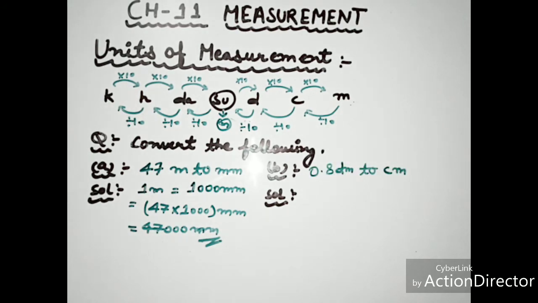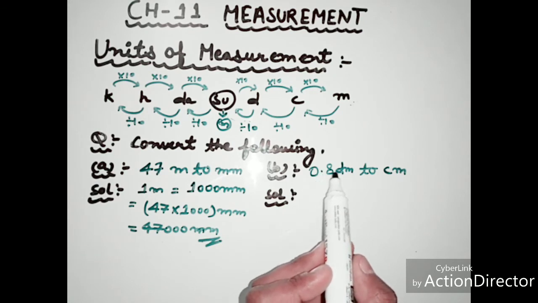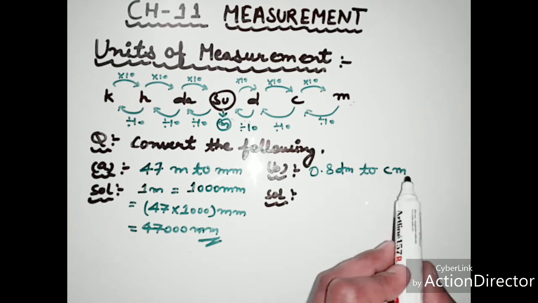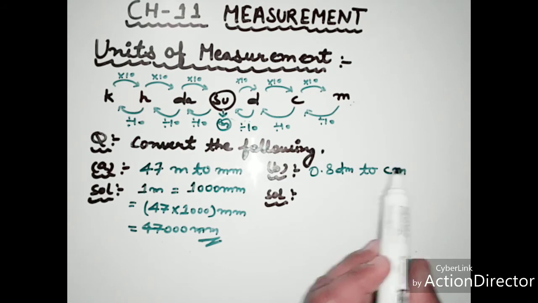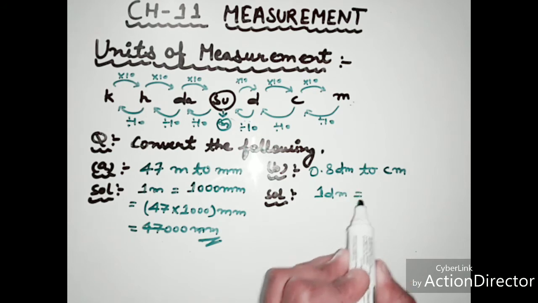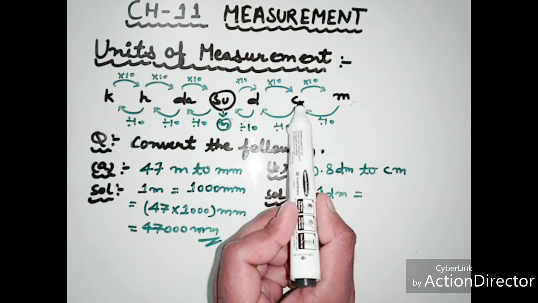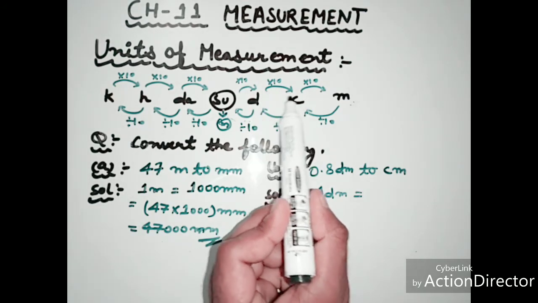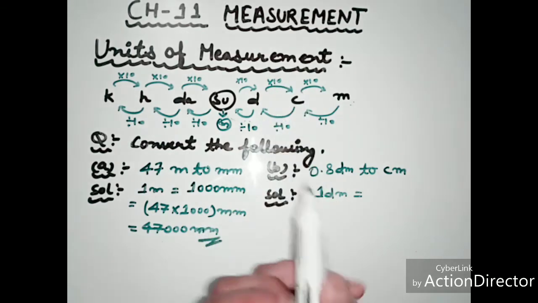Now the next question, 0.8 decimeter to centimeter. So first we check how many centimeters in 1 decimeter. So 1 decimeter equal to, decimeter is here and centimeter is here. So we move higher to lower, and how many place? 1 means multiply by 10.